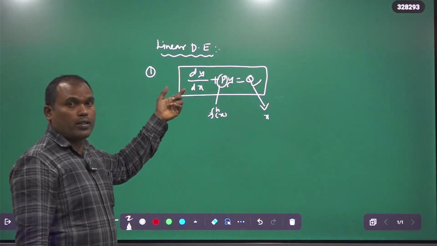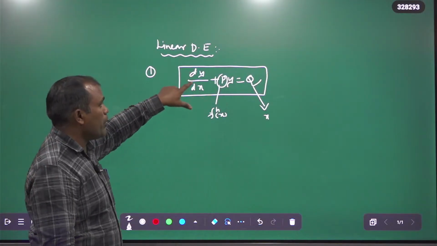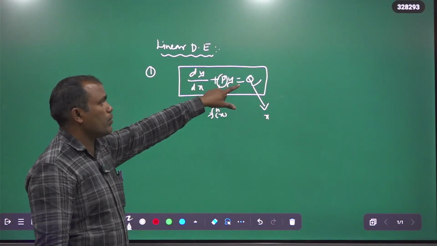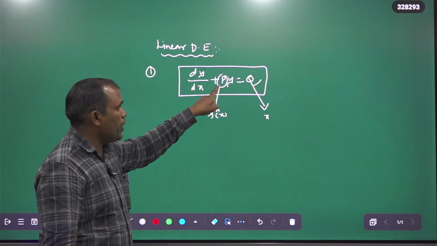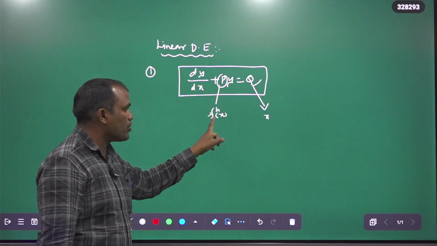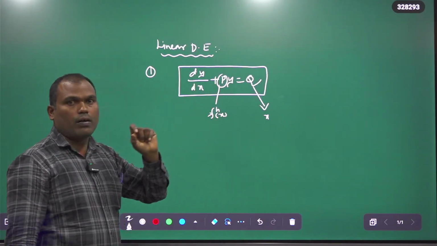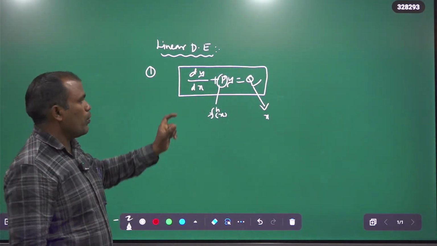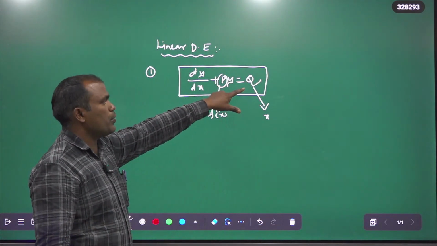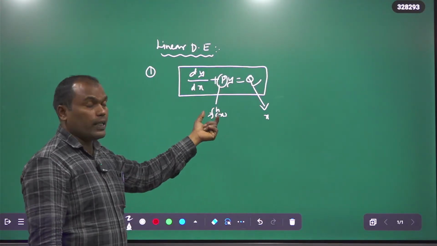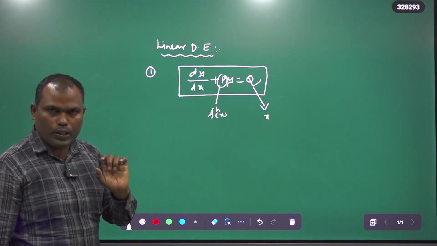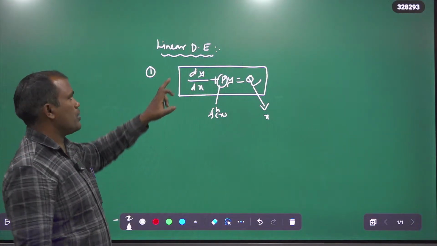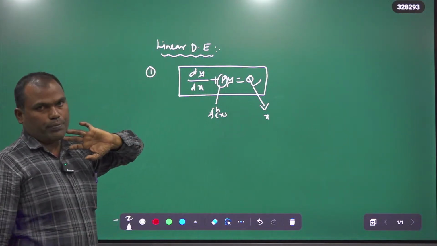A differential equation of the form dy by dx plus py equal to q, where p and q are functions of x or constants only, not y terms. See, p and q are functions of x or constants only. Then the differential equation is called a linear differential equation.